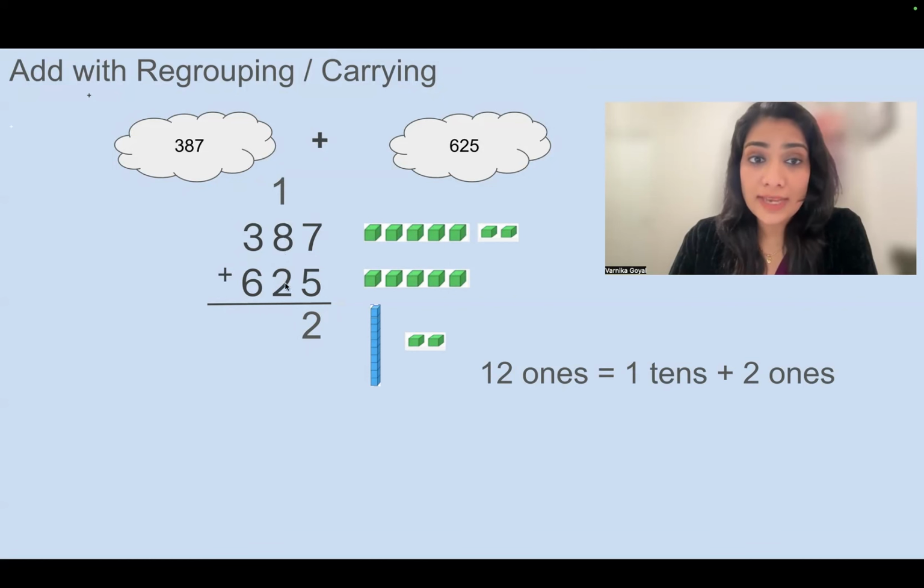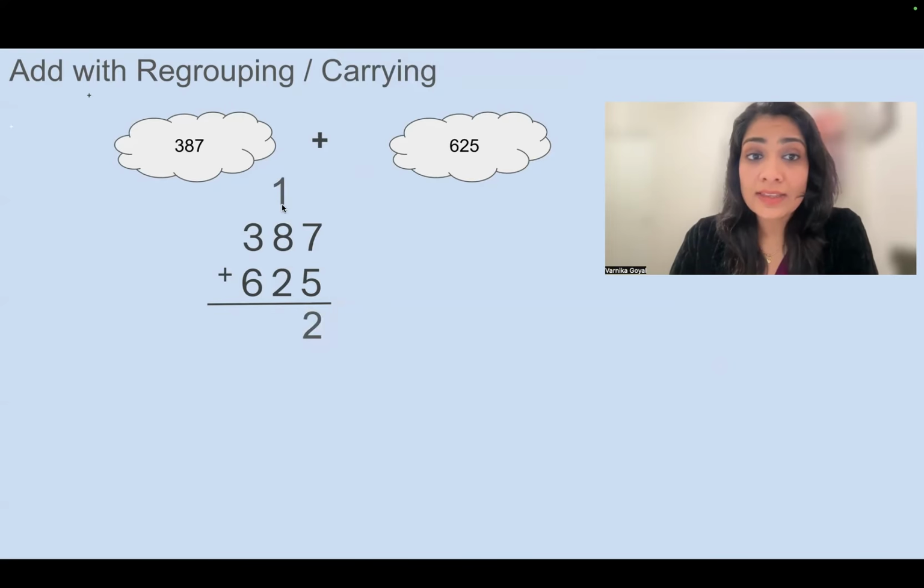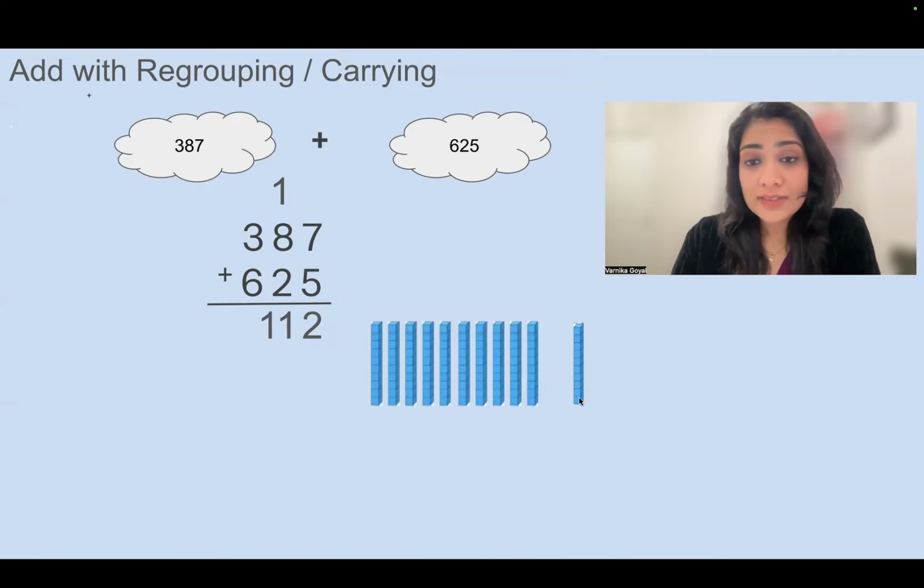Now we will add the tens column. 8 plus 2, 10, plus 1, 11. But again, there is only space for one digit. What do we do with 11 tens? 11 tens will again regroup. 11 tens is made of 10 tens and 1 tens. The 10 tens is nothing but a 100.